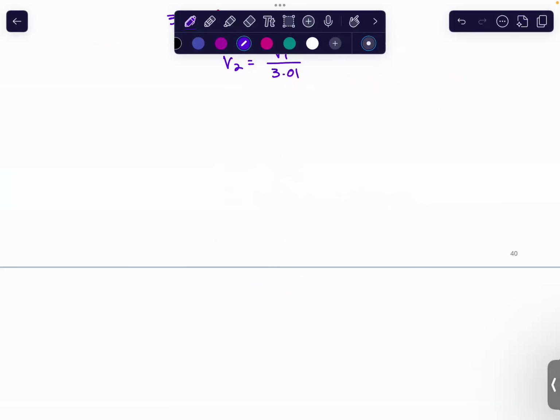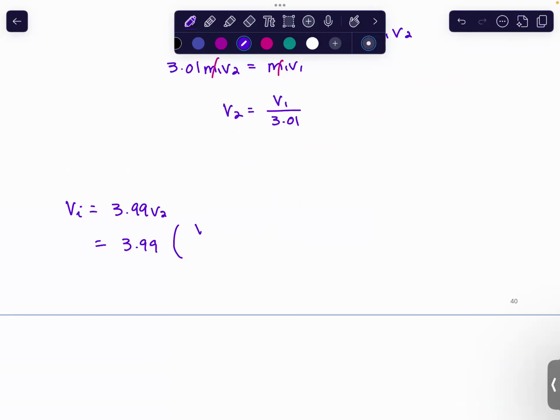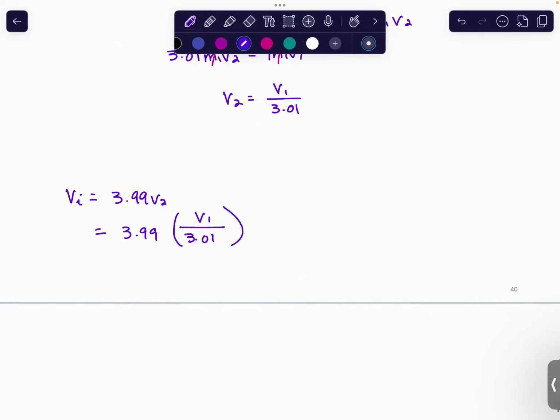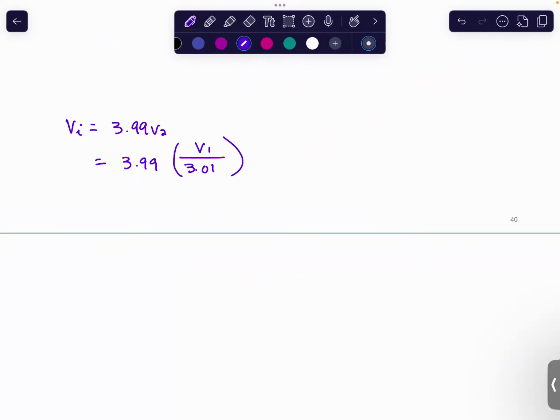So my v initial is now going to become 3.99 v1 over 3.01. I'm going to divide 3.99 by 3.01. It's going to give me 1.33 v1.